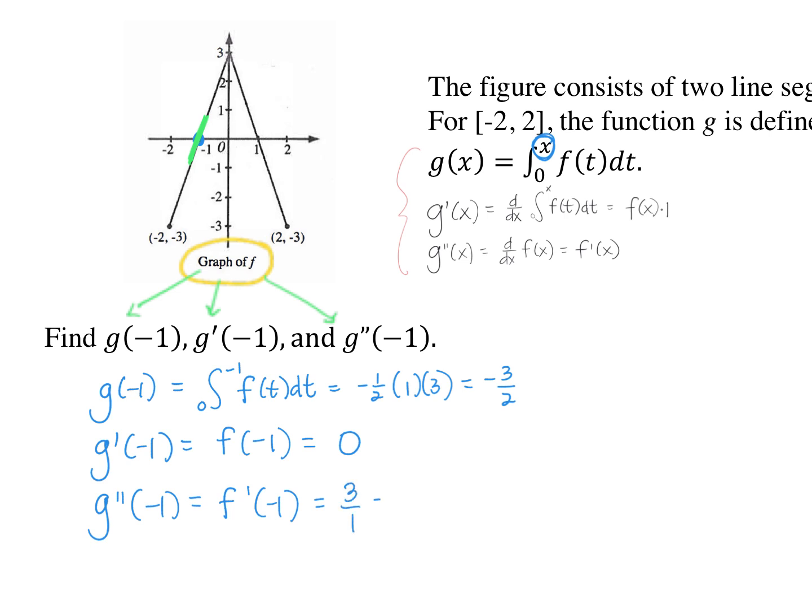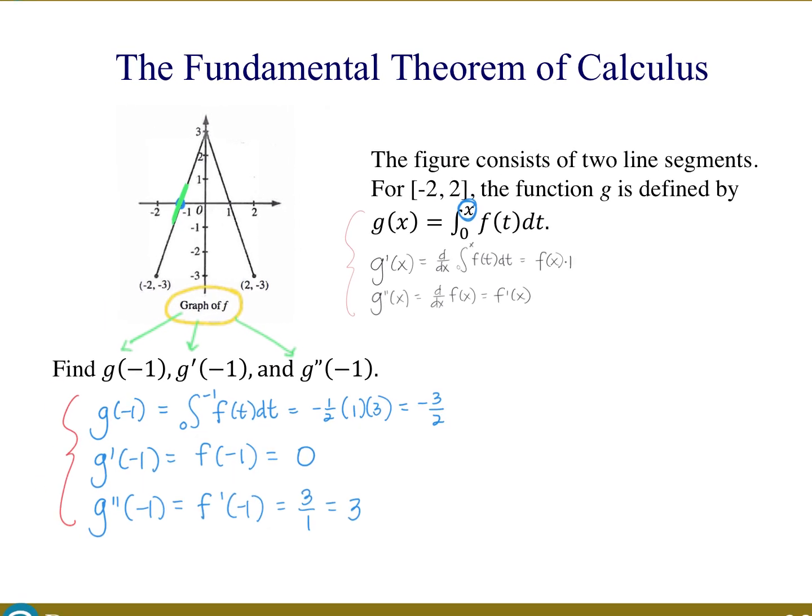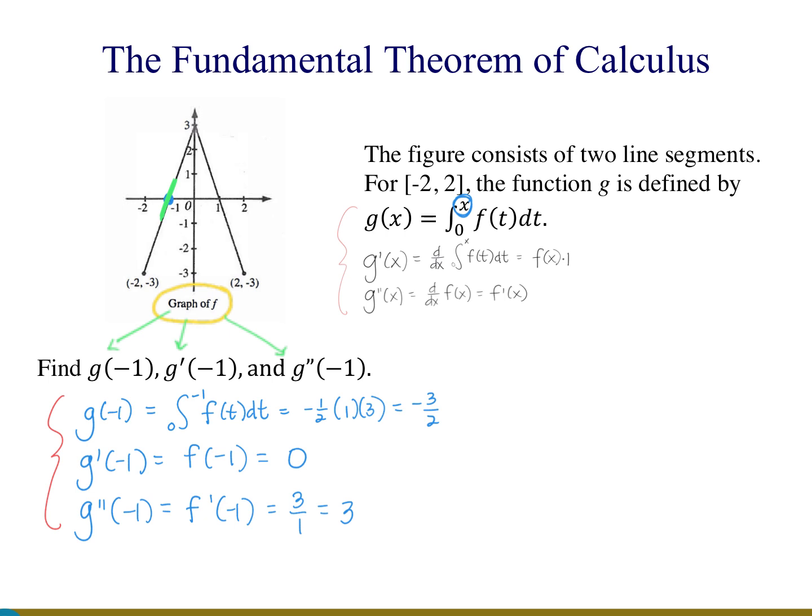In other words, that value is 3. So we could find all 3 values for g by relating it to its relationship to f. Super common tactic for AP questions to be able to make that connection from a function of one letter to a function of a different letter by knowing what the relationship is.